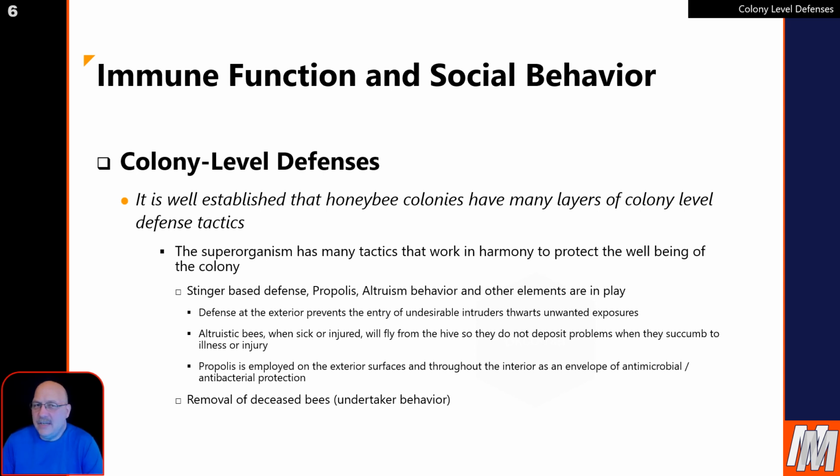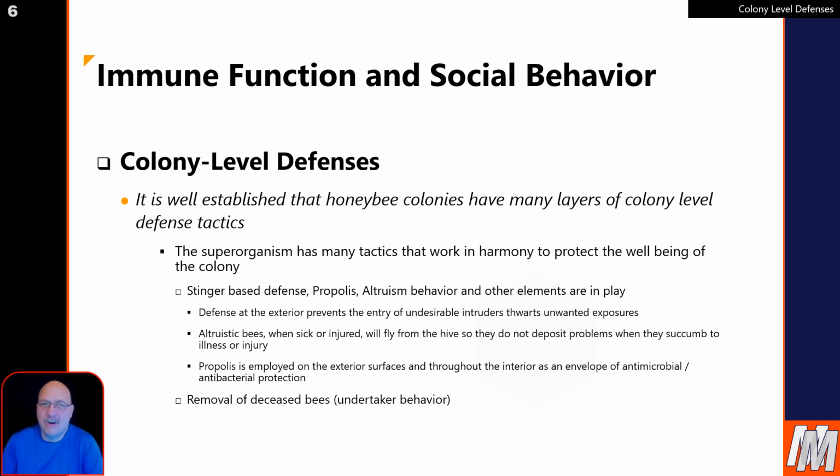As noted, the individual defense is impressive, but so is the superorganism. And as you take in the slide, you can see that there's some examples of the superorganism behavior that both the individual bee participates in and the colony at large. If a bee is sick, it is altruistic, which means it will not stay in and amongst its nestmates.